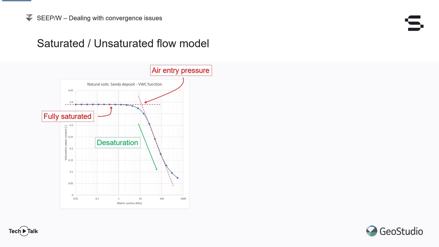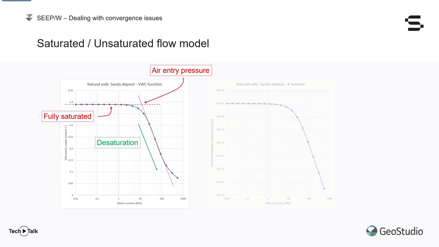The volumetric water content function should be defined in SeepW when a saturated-unsaturated soil model is used and a theoretical capillary model is used to estimate the hydraulic conductivity. If the hydraulic conductivity function is manually defined, and whenever a transient seepage analysis is performed, the volumetric water content function must imperatively be defined.